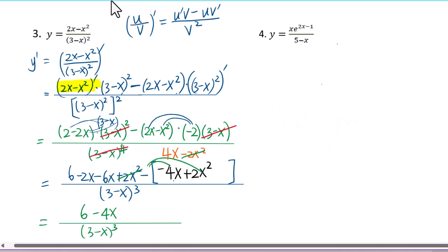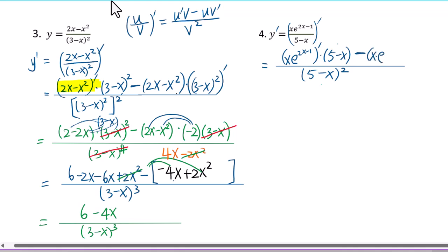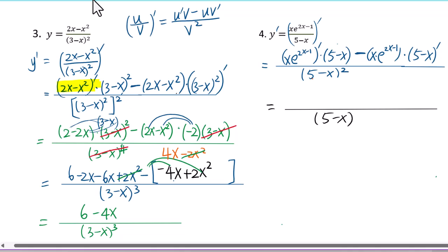Look at question 4. 5 minus x squared. x times e to the power of 2x minus 1 prime times 5 minus x, minus x times e to the power of 2x minus 1 times 5 minus x prime equals denominator 5 minus x squared. x times e to the power of 2x minus 1 prime.